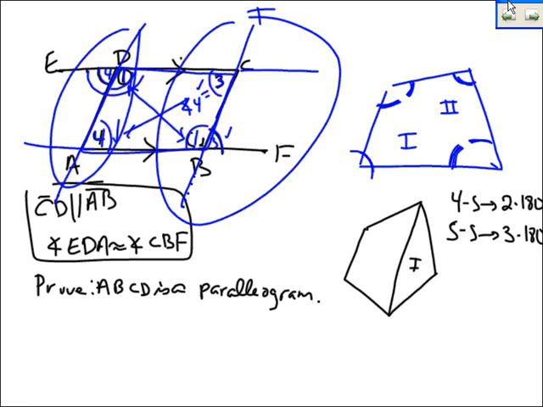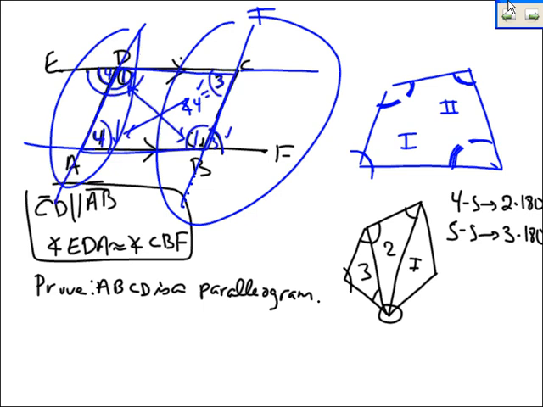1, 2, and 3. I'm not saying you how to do it that way. They don't all have to meet at one point, but it doesn't matter. The angles have to add up to 3 times 180. One angle, a second angle, a third angle, and the third triangle.